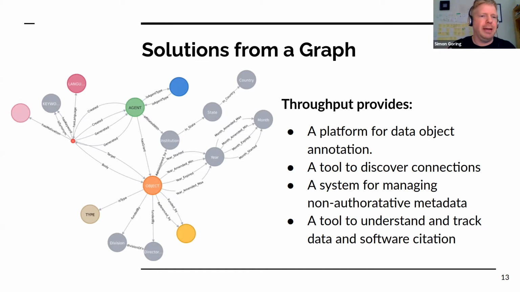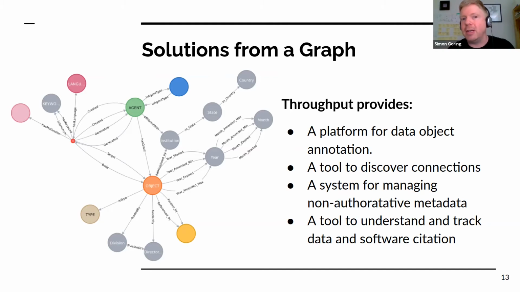we really felt like maybe we can build these graphs to think about this problem in general as a graph. And so Throughput ultimately is a graph database that is an annotation graph. And so it provides a platform for data object annotation. So making comments on individual data objects, and I'll show an example of that in a little bit.